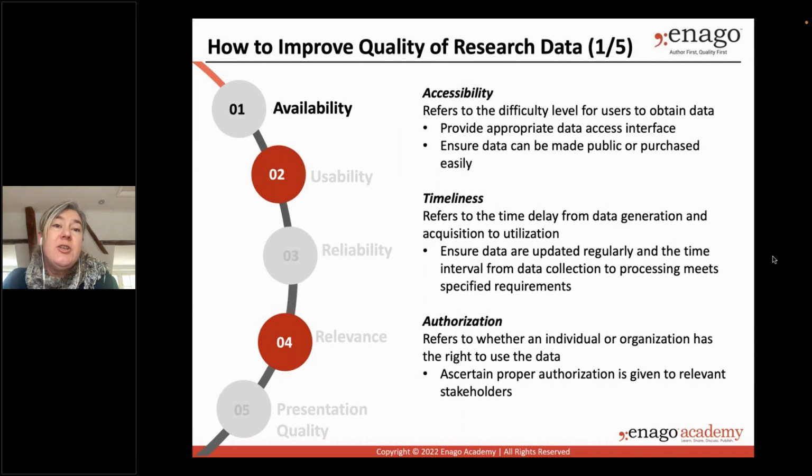So some ways that you can increase or maximise the quality of the research data that you work with are to think about some of these particular characteristics and criteria. So, start off with availability. Making your data available is also about making it accessible. So reducing, where possible, the level of difficulty for users to obtain the data.